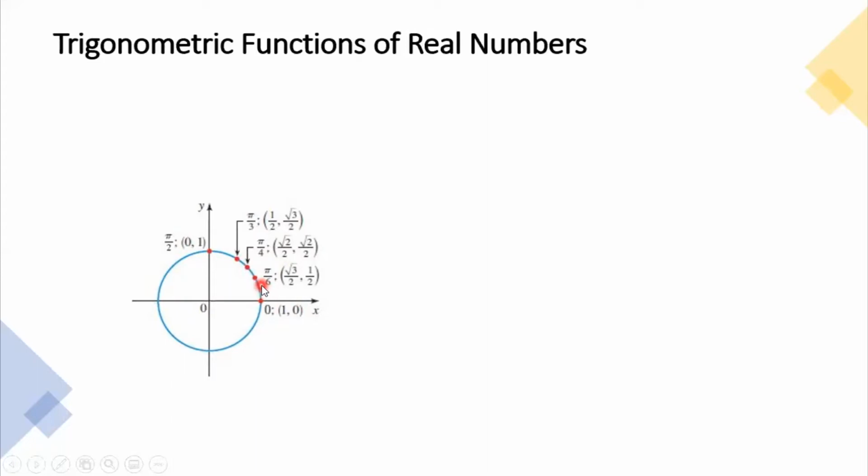So if the question is, what is cosine of the angle 0? By the definition, when we define the six trigonometric functions, cosine of t is equal to x. So cosine of 0 is equal to 1.